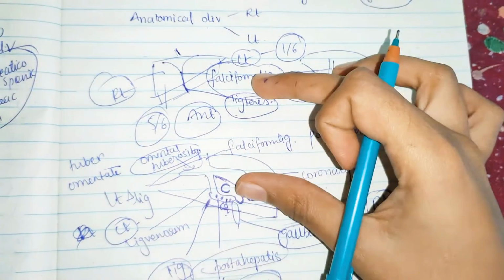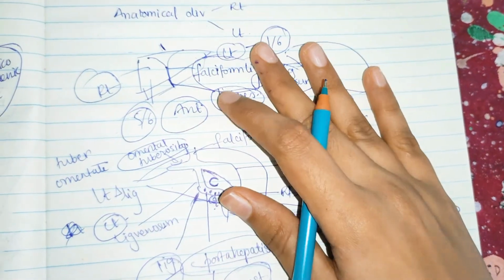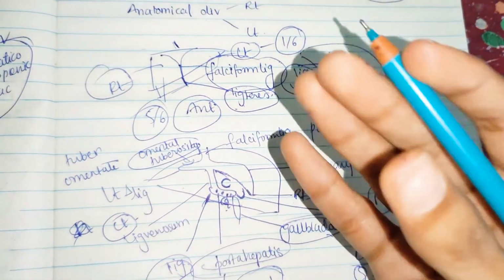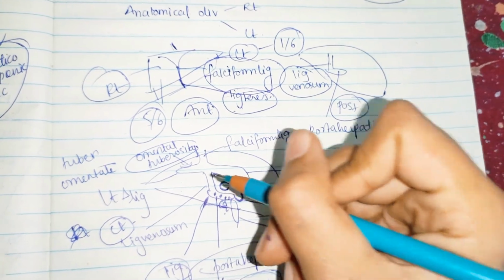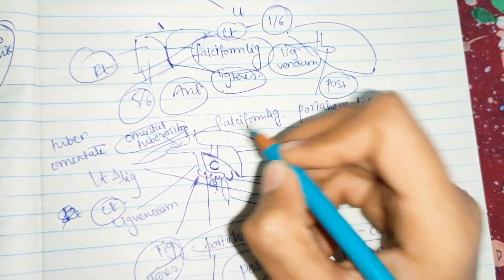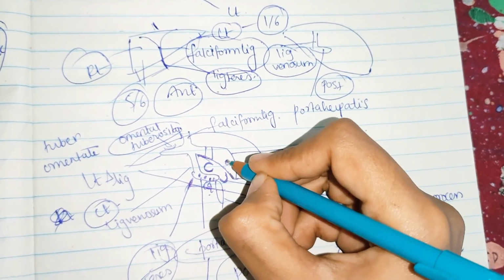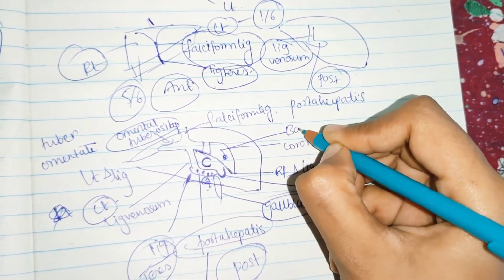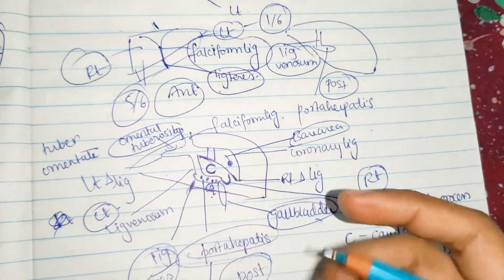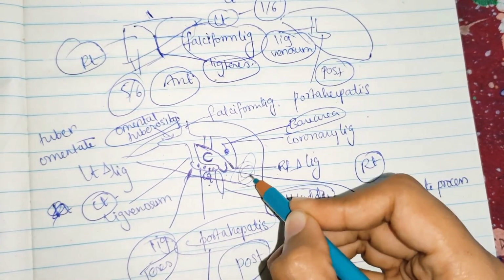Now, the liver is covered fully by peritoneum, but there are some areas called bare areas. So what are those bare areas? Near the coronary ligament you also have the IVC, inferior vena cava, and this region is called a bare area. This area is called bare area because there is nothing over here. Also beside the gallbladder this area is a bare area.